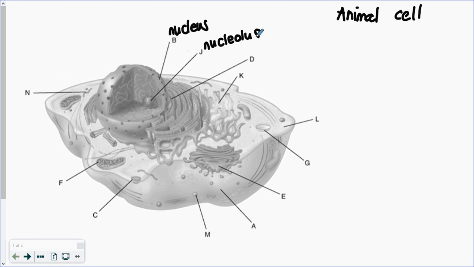I'll try to write as neat as I can this time. D is the rough endoplasmic reticulum. K is the smooth endoplasmic reticulum.